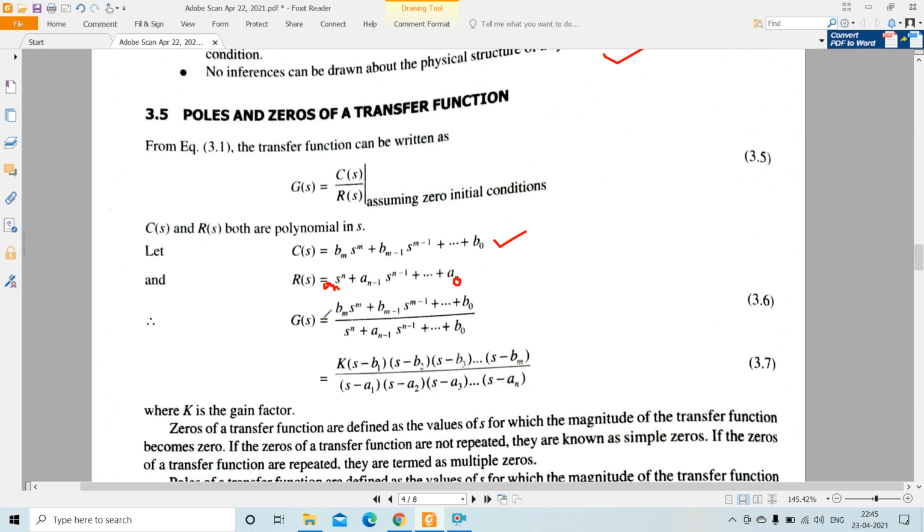Okay, a0. So here G(s) is equal to C(s) by R(s). Here also there is a_n s^n plus a_(n-1) s^(n-1) up to a0. So these are the C(s) expression and this is the R(s) expression.